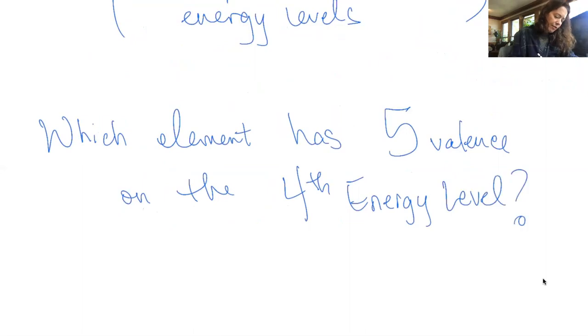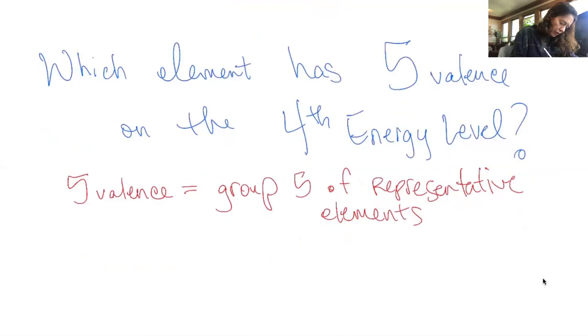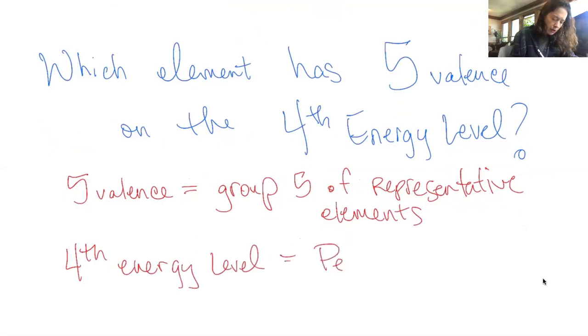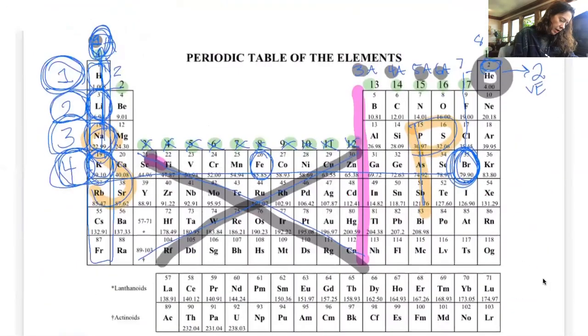If I have 5 valence electrons, that equals group 5 of representative elements. And if they are located on the fourth energy level, then I'm located in period 4. So let's find the element. Let's clean up our periodic table.